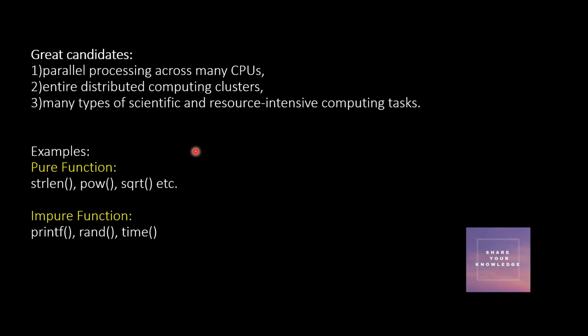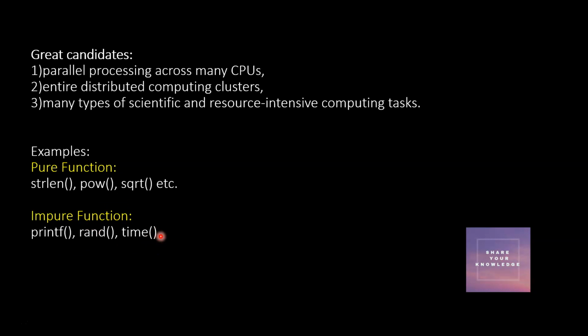Examples of pure functions are string length, power, and square root. These mathematical functions are all examples because they depend only on the values with which they are called, not on any outside state. But printf, random, and time are all impure functions.